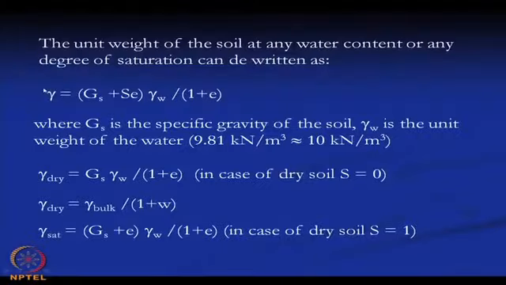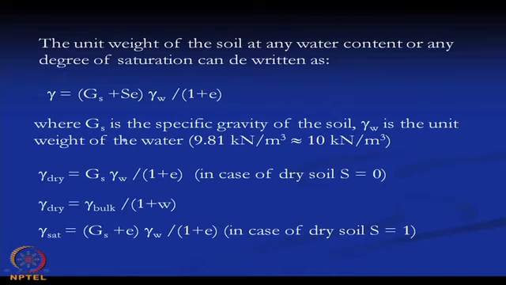So, at different conditions how will we determine the unit weight of the soil? If we denote unit weight of the soil as gamma, then gamma bulk, or the unit weight at any condition, is given by (Gs plus S e) divided by (1 plus e) into gamma w. So, gamma w is the unit weight of water, can be taken as equal to 10 kilonewton per meter cube. Gs is the specific gravity of the soil, S is the degree of saturation, e is the void ratio.